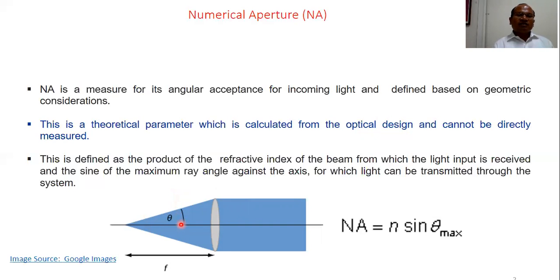So if you look here, the beam enters with this angle, for example theta. At the maximum value of this angle, if the light beam enters, goes inside the cable and undergoes repeating total internal reflection, then that maximum angle is called the acceptance angle.